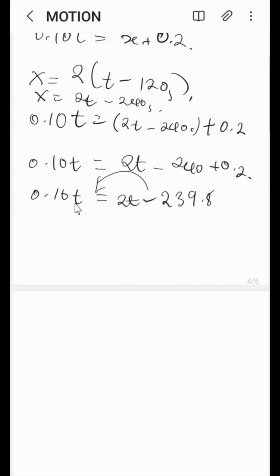Change side, change sign. So you'll have 239.8 is equal to minus 0.1t. You can bring this outside, it will still be the same.